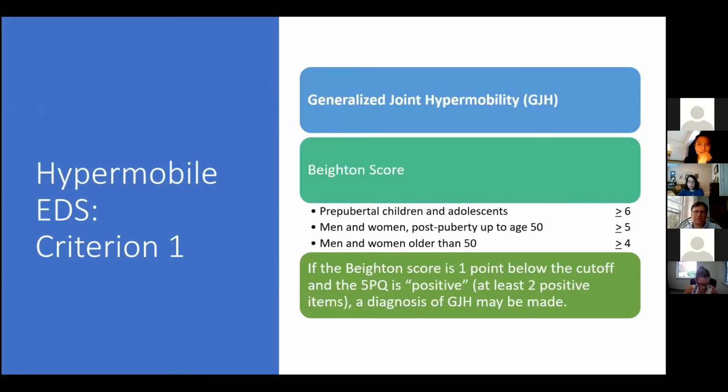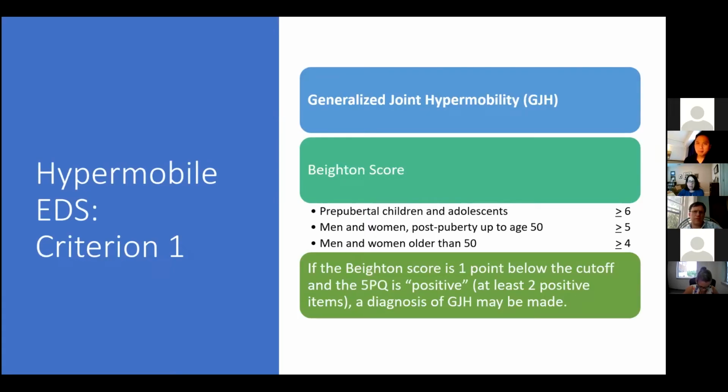So those 3 criteria are, well, the first criterion is generalized joint hypermobility, again with the Beighton score, same cutoffs we discussed for the classical type of EDS. The committee also said there's a questionnaire called the 5-point questionnaire, which was designed by rheumatologists to establish whether or not a person has generalized joint hypermobility.